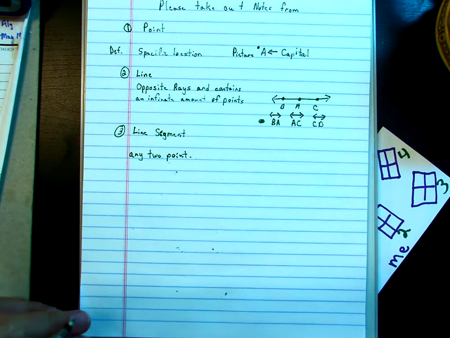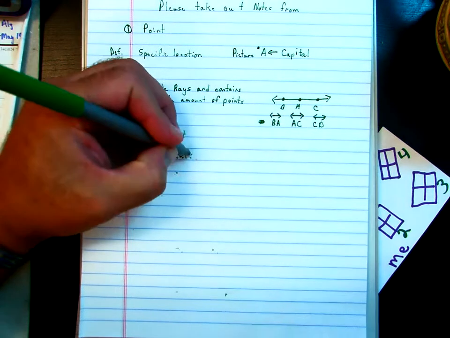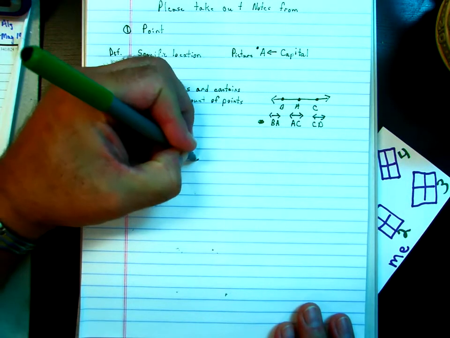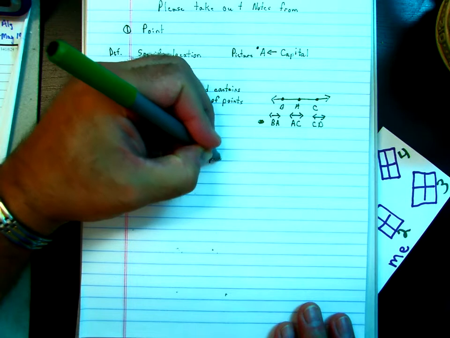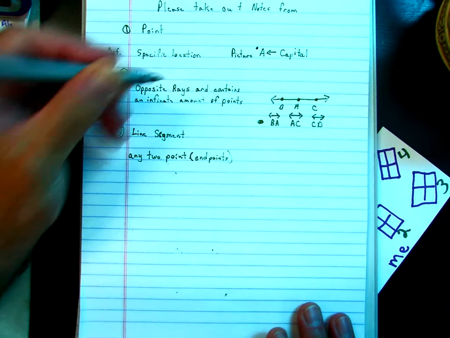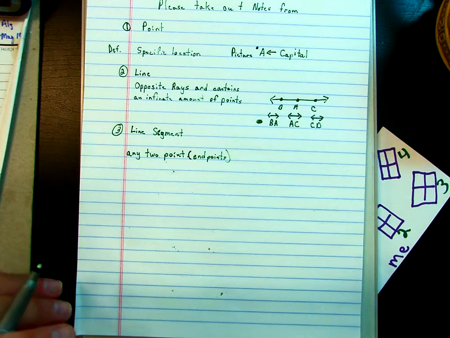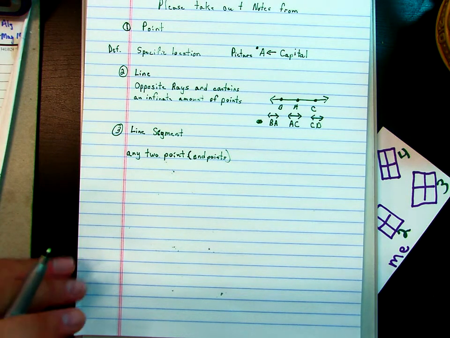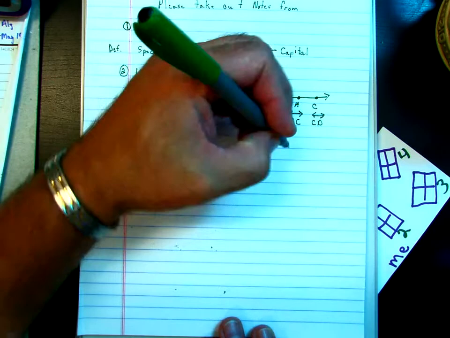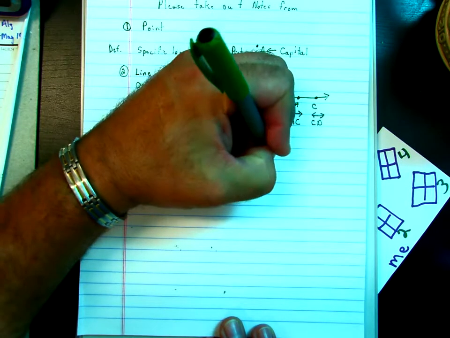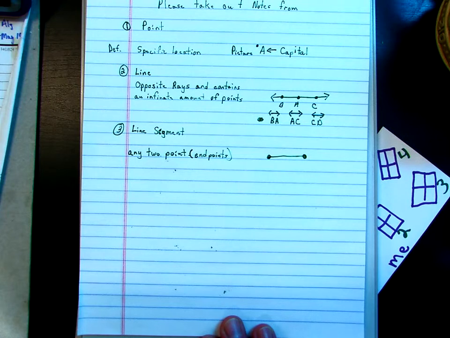Any 2 points create a line segment. Those 2 points would be endpoints. Okay. So any 2 points. So this is what a line segment looks like.